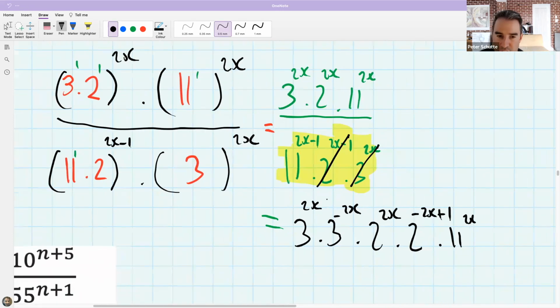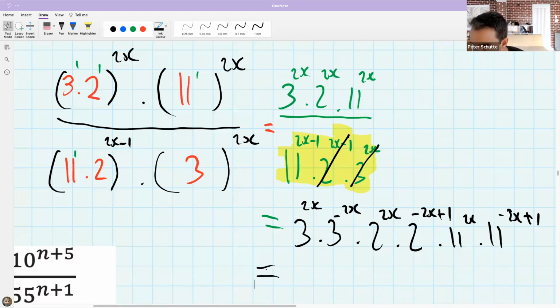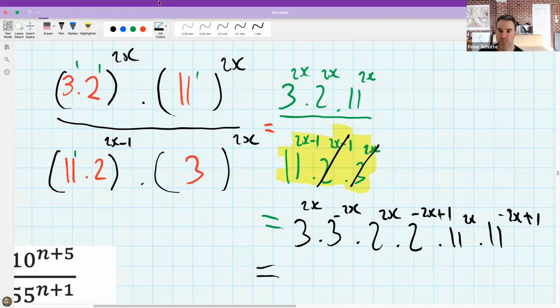And when I move the 11 to the 2x minus 1 up, it's going to become minus 2x plus 1. So notice how all the signs change when I move from the bottom to the top. That's a really helpful tip to speed things up. And then I want the final answer from you guys. What do we get for the final answer?